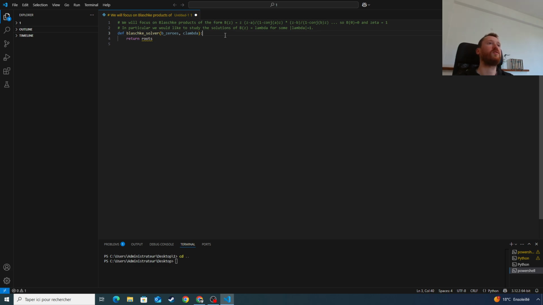Okay, we want to solve an equation like this, but if you write B(z) as some numerator divided by some denominator equal lambda, then it is equivalent to solve numerator minus lambda times denominator equals 0. And we have some tools in Python to do that, so it's easier like this.